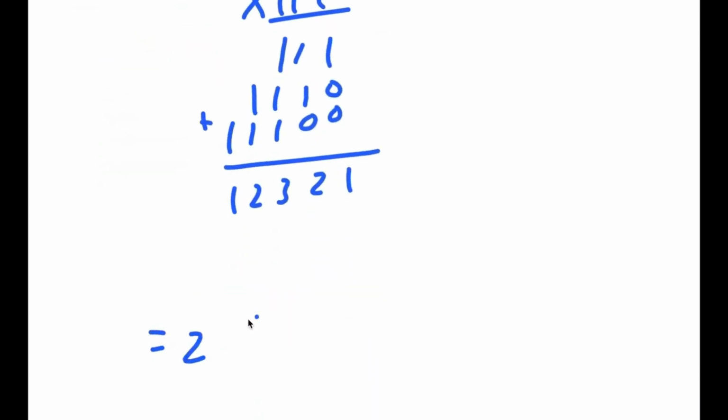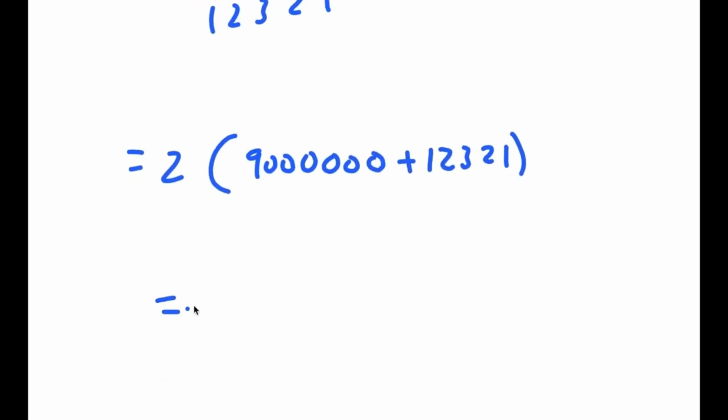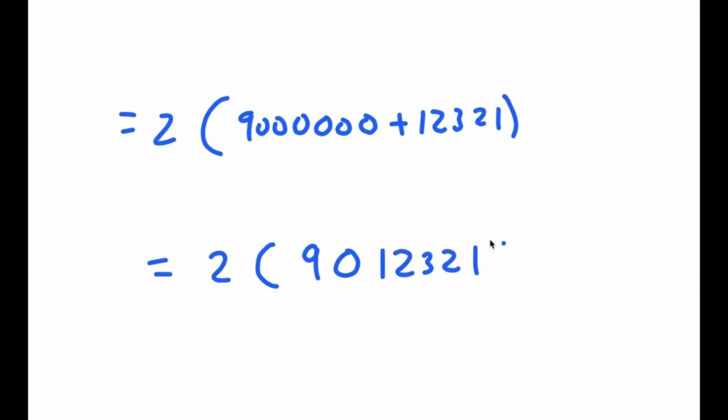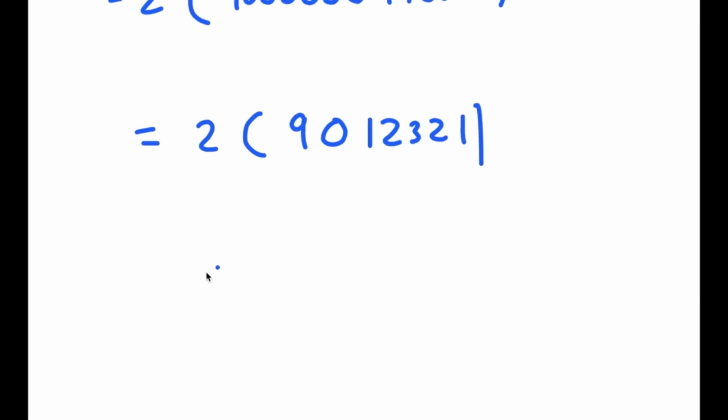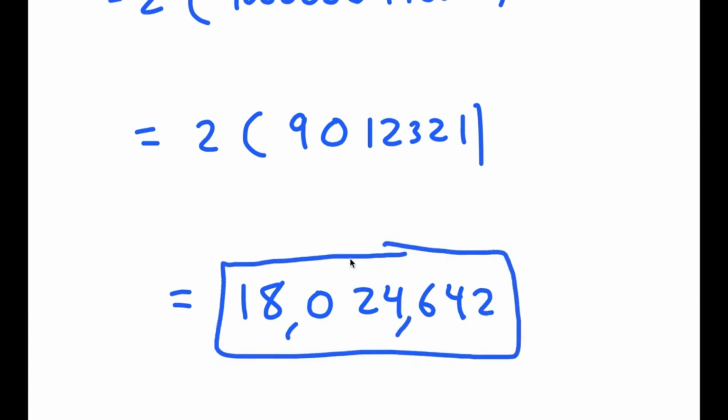So I have 2 times 9 million plus 12,321, which is just 2 times 9,012,321. So 2 times this is going to be 18,024,642. So this is my solution to this problem.